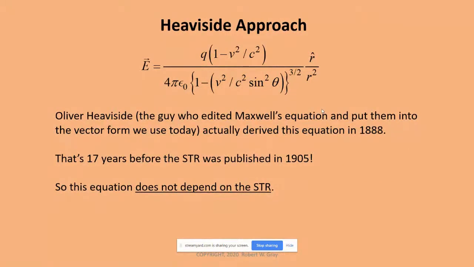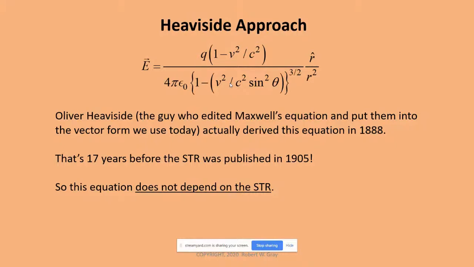But in my recent reading, I find that this equation has nothing to do with the special theory of relativity. That was a mistake on my part, because I was taught that equation through the special theory of relativity. But Oliver Heaviside, and yes, that's the guy who edited Maxwell's equations, derived and published this back in 1888.